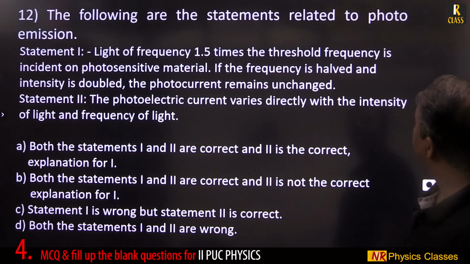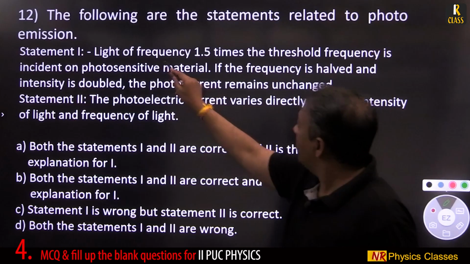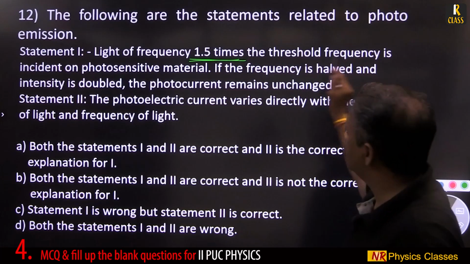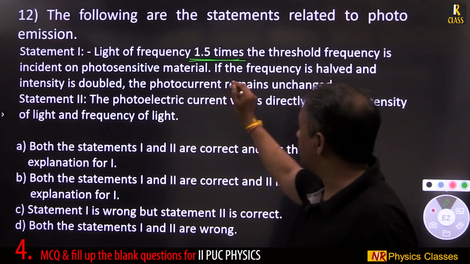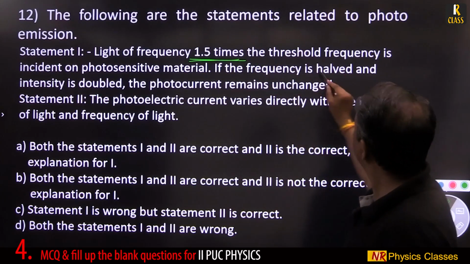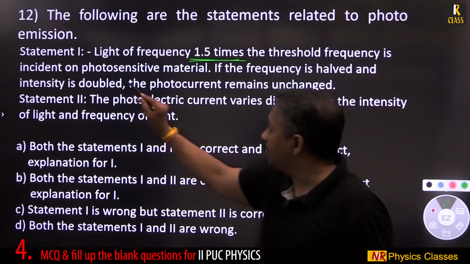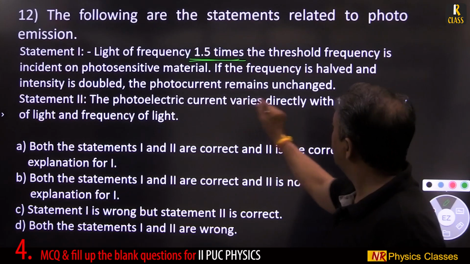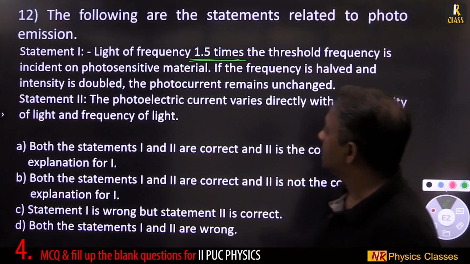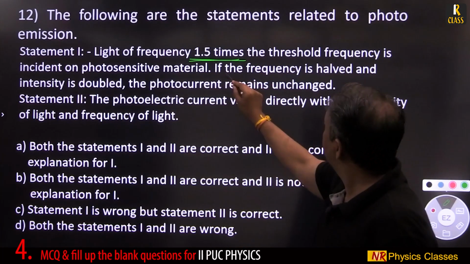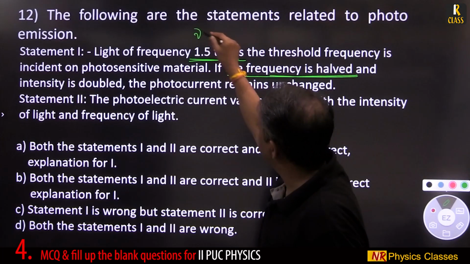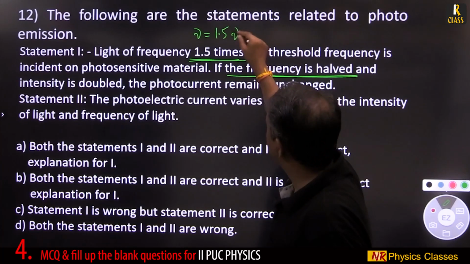The following are statements related to photoemission. Light of frequency 1.5 times the threshold frequency is incident on a photosensitive material. Frequency greater than threshold, there is emission. If the frequency is halved and intensity is doubled, photocurrent remains unchanged. See, the initial frequency is 1.5 times mu naught.